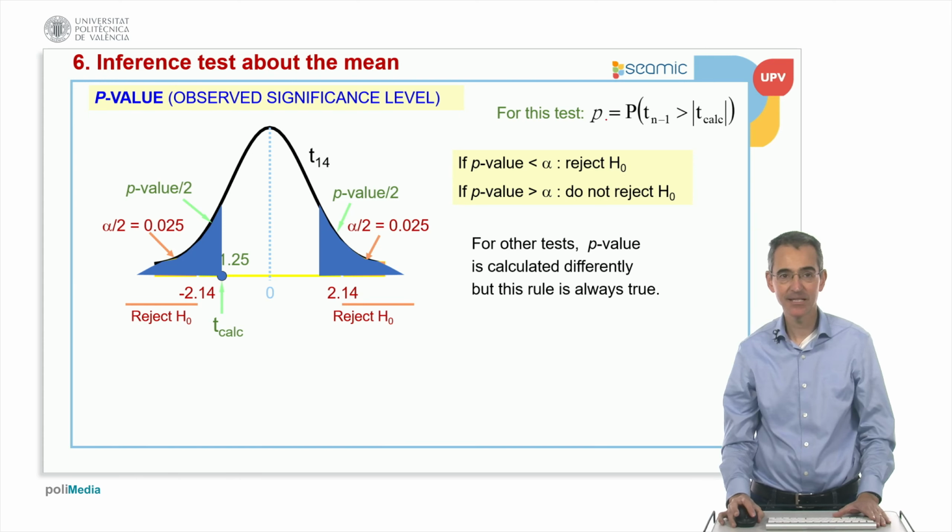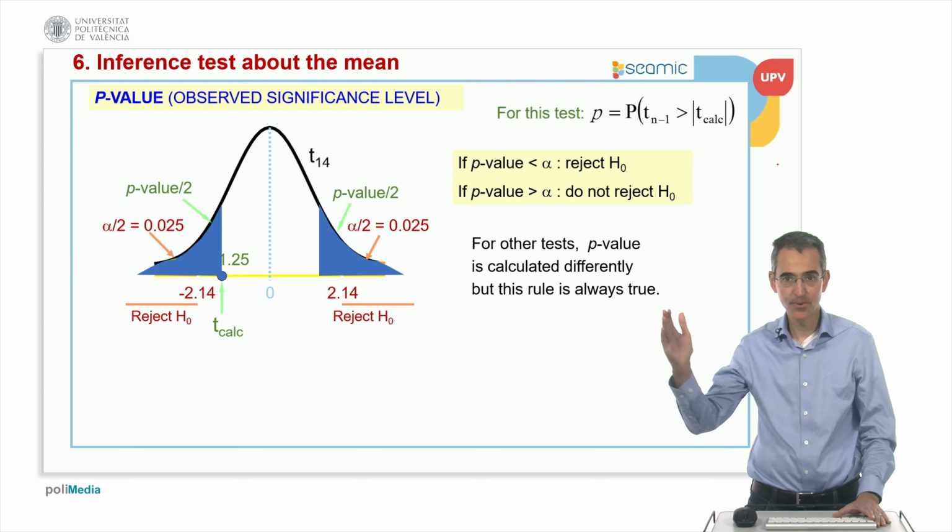And what happens if the calculated t is like minus 3? It's quite clear, based on the picture, that the p-value will be less than alpha. So the calculated t would be in the rejection region, so we should reject the null hypothesis. So this sentence here is important.